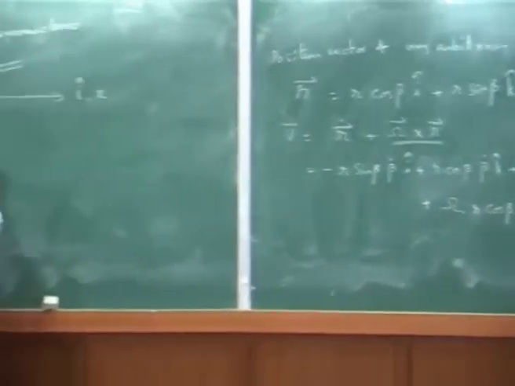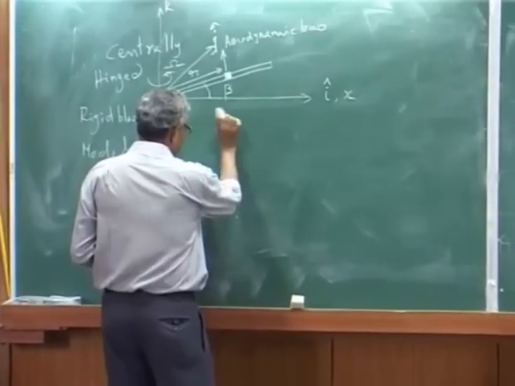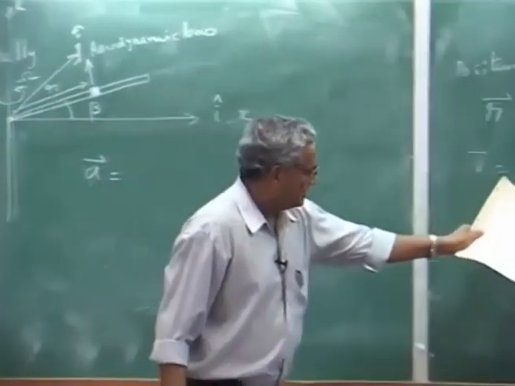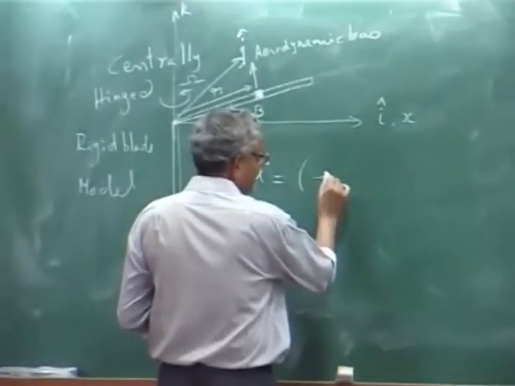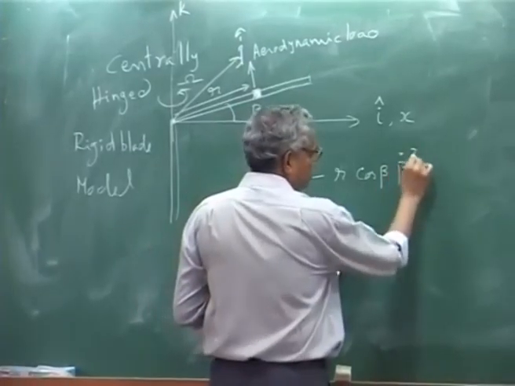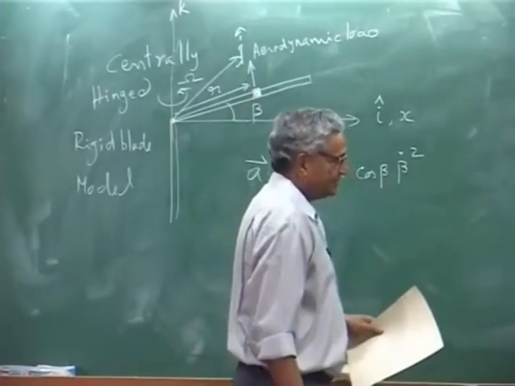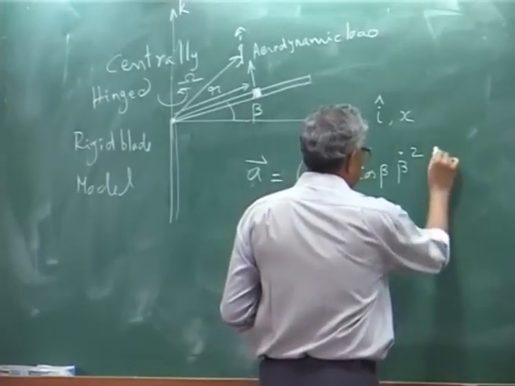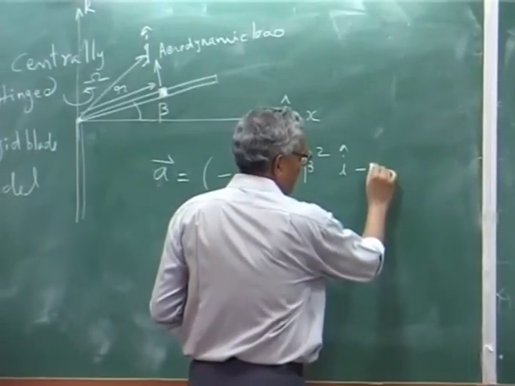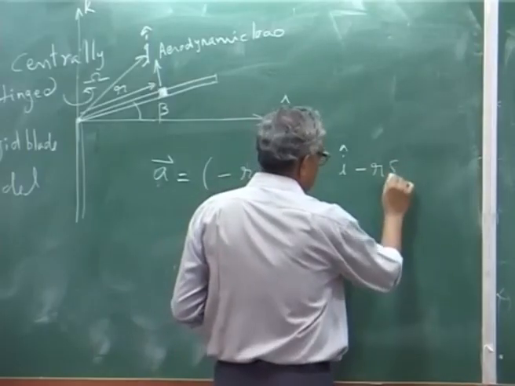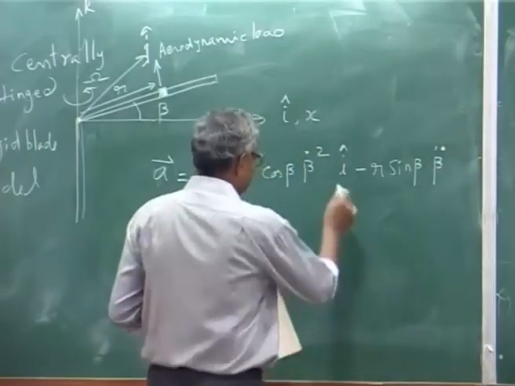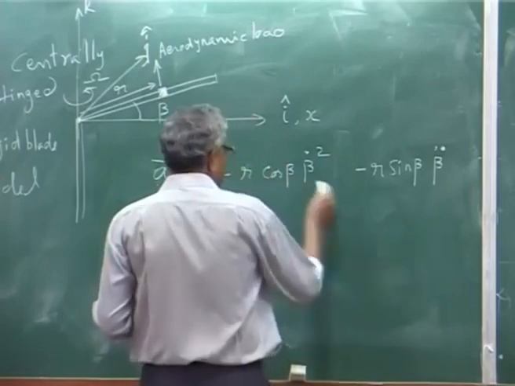That's why I will write the acceleration as follows. First take this derivative, that will be minus r cosine beta dot square i. Then you will have another term, minus r sine beta double dot, so maybe I will put the i outside.